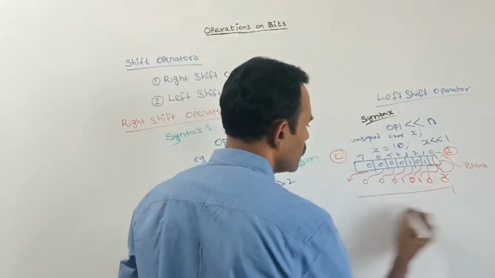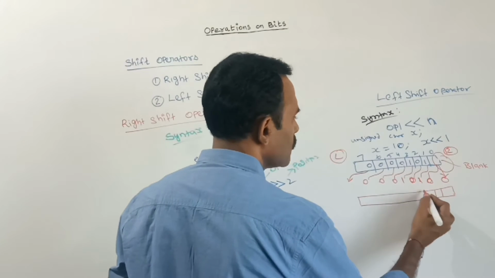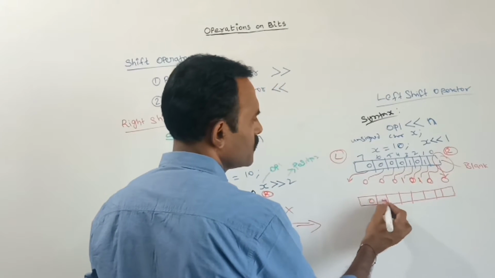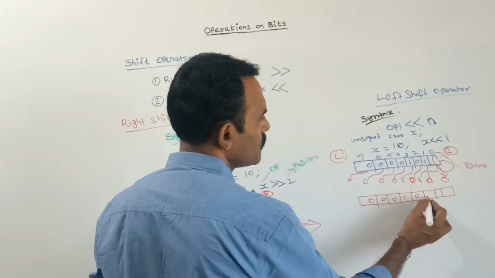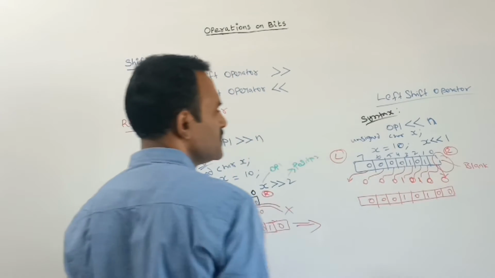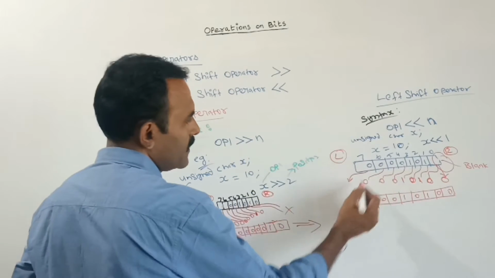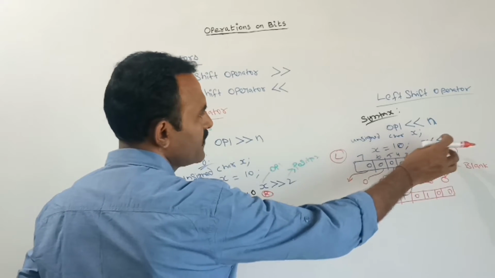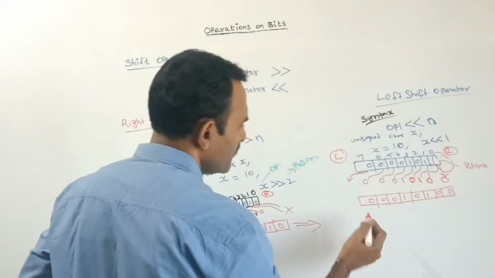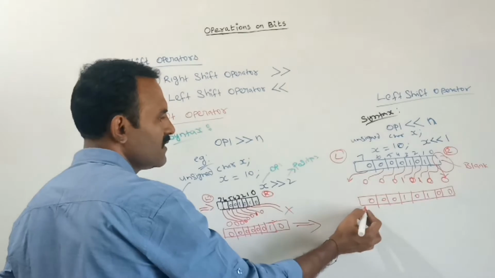So 0 0 0 1 0 1 0 0. This is the result. If you are left shifting 10 with 1, then we will get this answer. What is the decimal value of this one?